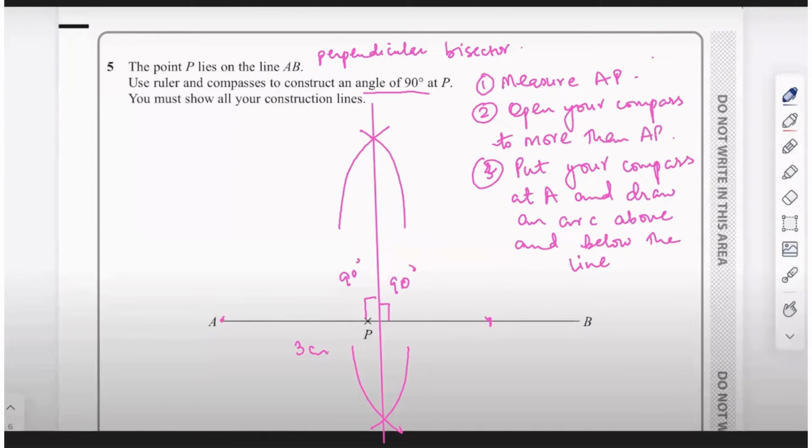So once again, to summarize this, you will first measure your distance AP. Then you will open your compass to a distance more than AP and draw an arc from point A above and below the line.